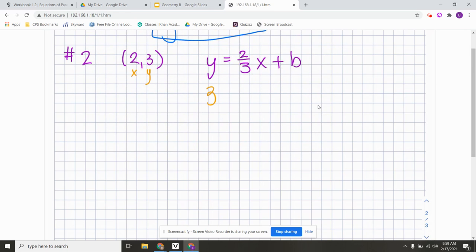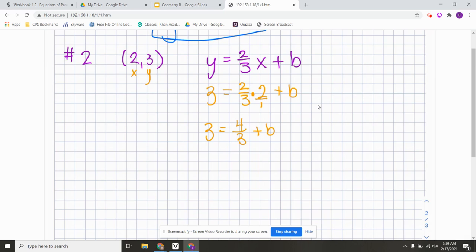So I'm going to do 3 is equal to 2/3 times 2 plus b, which means we're going to have some fractions, which are awesome. So then 2/3 times 2 is like 2/1. So that's going to be 3 is equal to 2 times 2 is 4, 3 times 1 is 3, plus b.